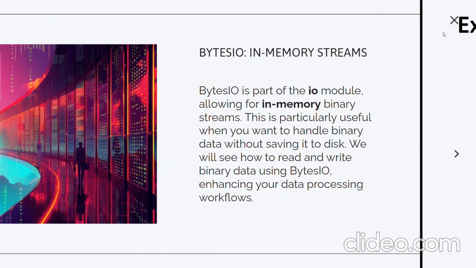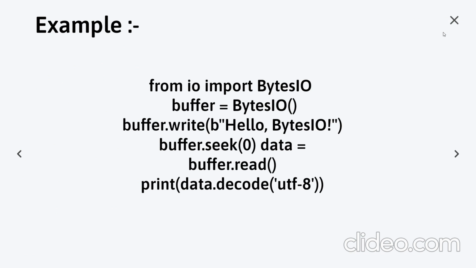So now let's talk about a simple example of BytesIO, how we can run it, how we can explore it. In this example, we create a BytesIO object to serve as our in-memory buffer. We write a string to it in byte format, then seek back to the start of the buffer to read what we wrote. Now you can go ahead and run this code.